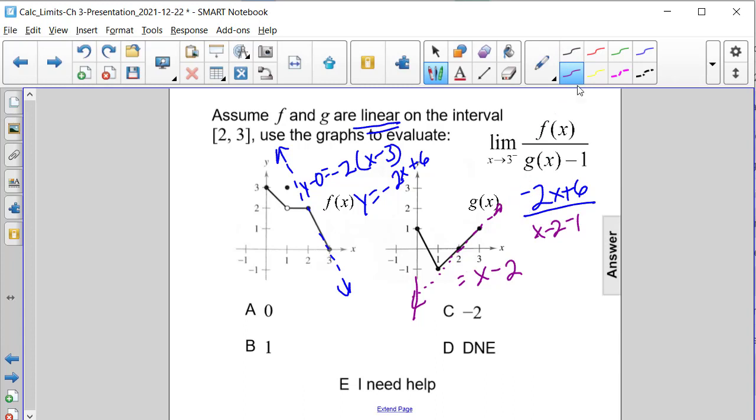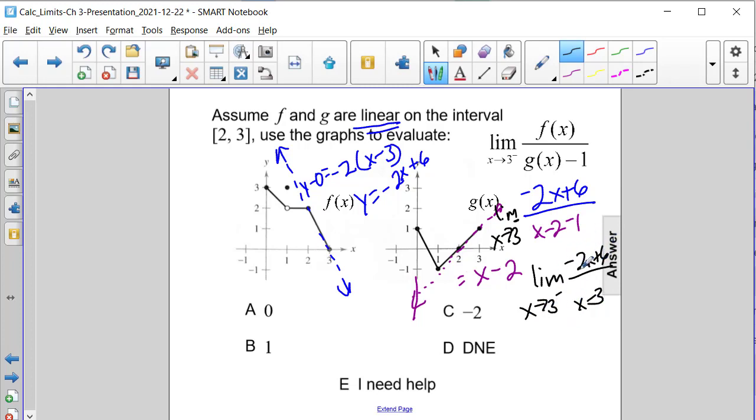And now we're going to try to take the limit of this new rational function as x approaches 3 from the left. So let's simplify this. Now we have the limit of -2x plus 6 still, but then divided by x minus 3, as x approaches 3 from the left.